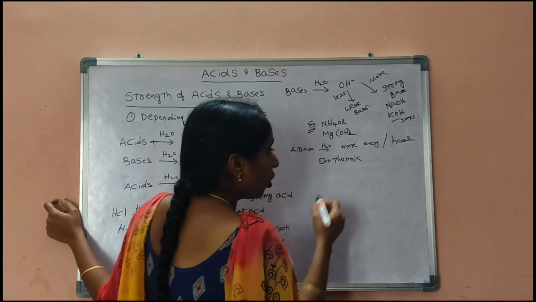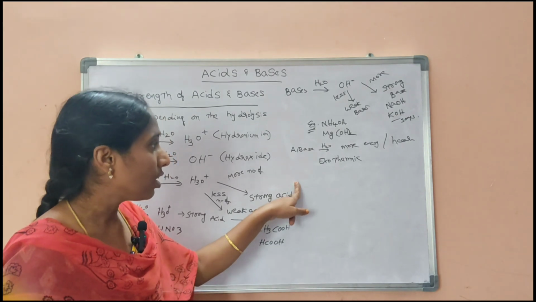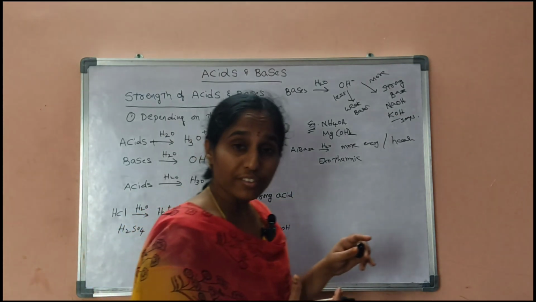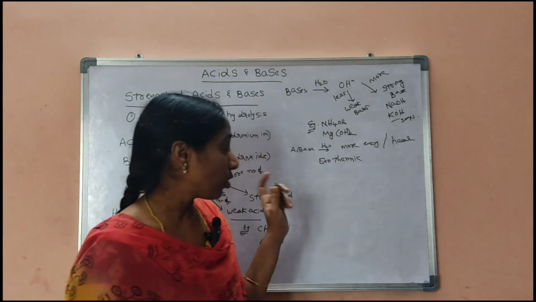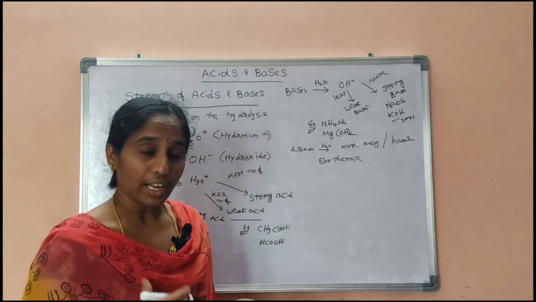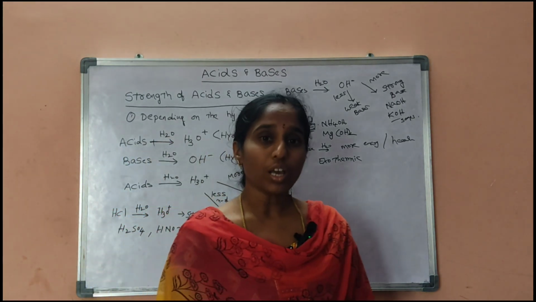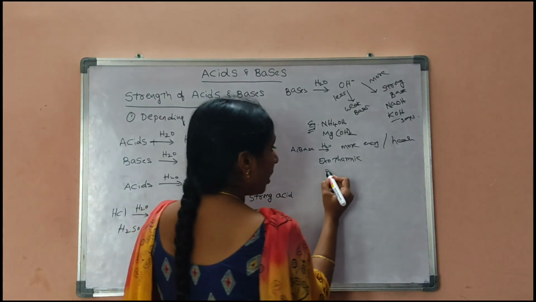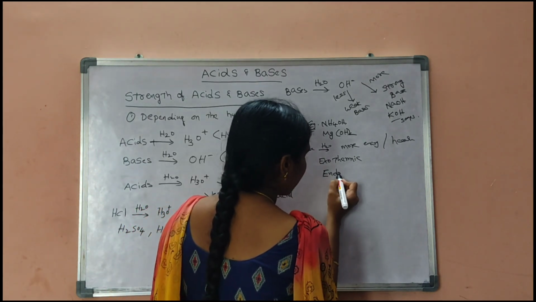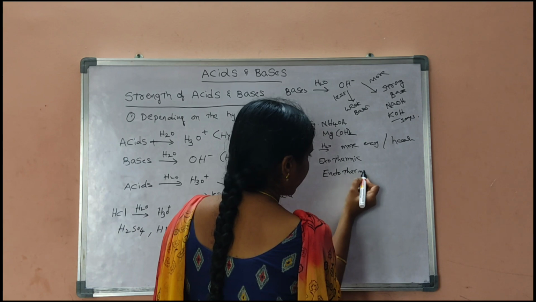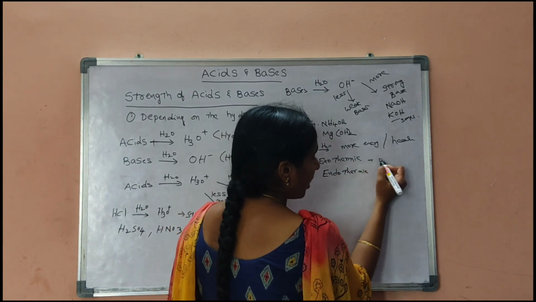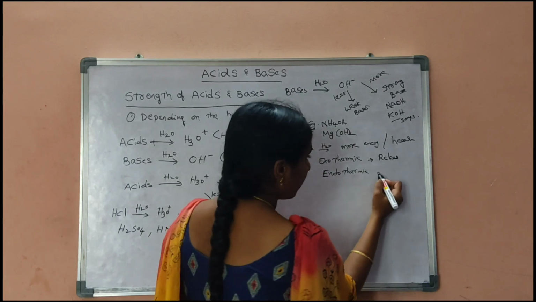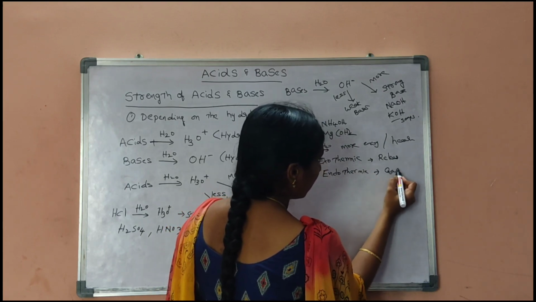Why are they called exothermic reactions? Acids or bases react with water to produce more energy. Energy releasing reactions are called exothermic reactions. Energy gaining reactions are called endothermic reactions. Exothermic means energy release. Endothermic means energy gain.